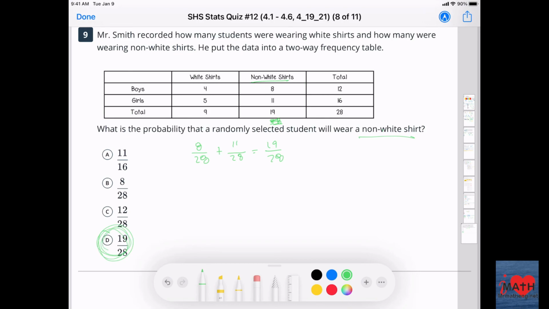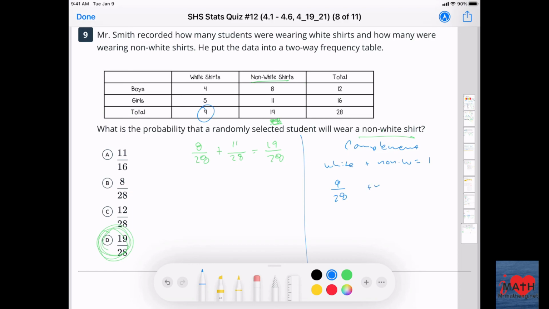Now, you can do that through the complement, right? So, I don't know what to call that. This is the complement. So, white shirts plus non-white shirts equals 1, right? And white shirts are 9 out of 28.